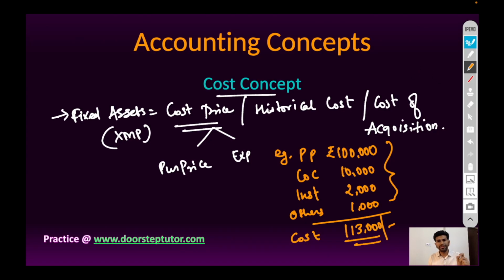So cost concept states that all the fixed assets are recorded at their cost price or historical cost or cost of acquisition. It also includes other charges.